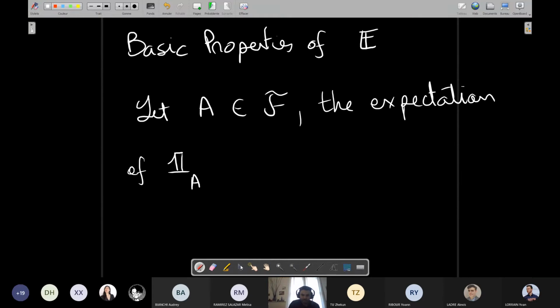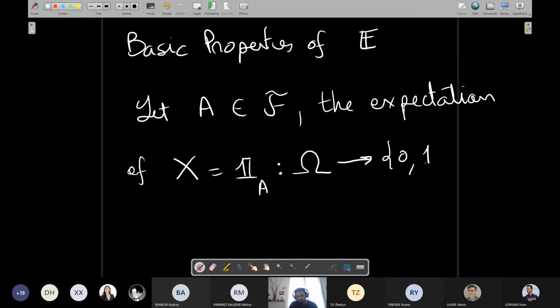And here it's a random variable, because it's a function from omega to {0,1}. I want to compute the expectation of this random variable. So the expectation of the indicator function of A is simply the probability of A.